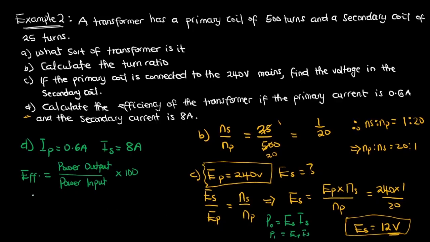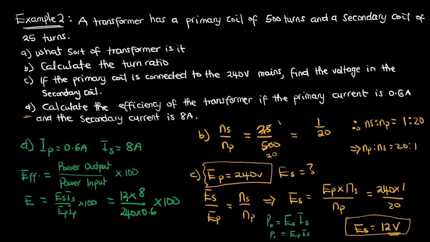So this is effectively equal to ES IS over EP IP, multiplied by 100, which is equal to ES, which we found is 12, multiplied by IS, which is 8 over here. Then we divide that by, remember we are multiplying all by 100, our EP, which is 240, multiplied by our current in the primary, which is 0.6.